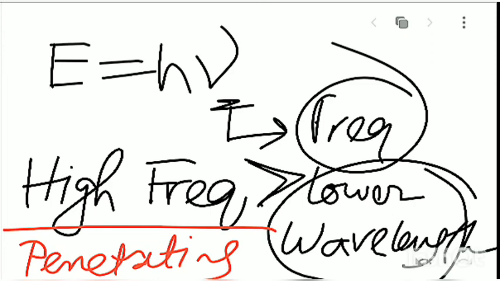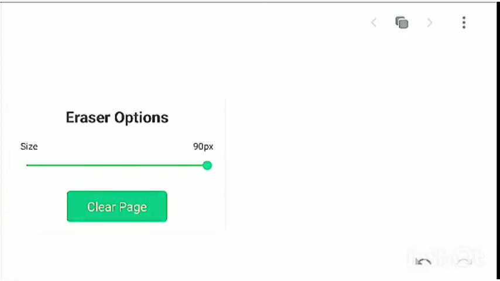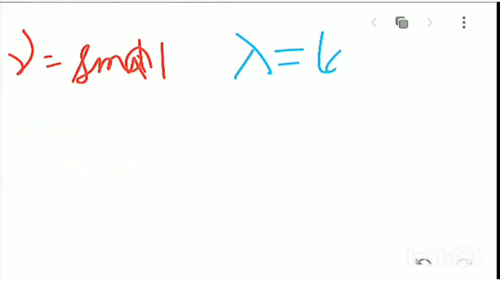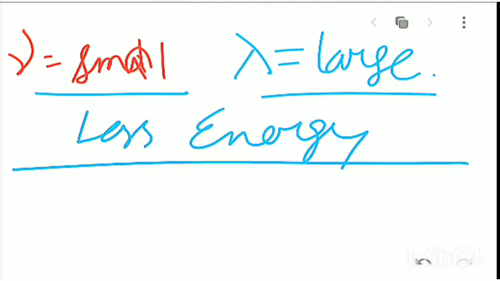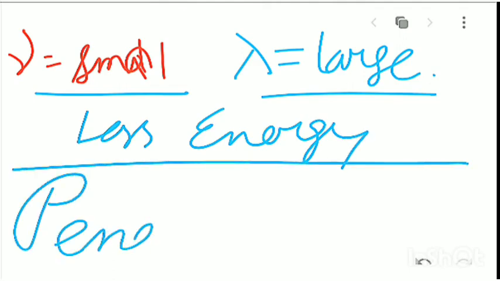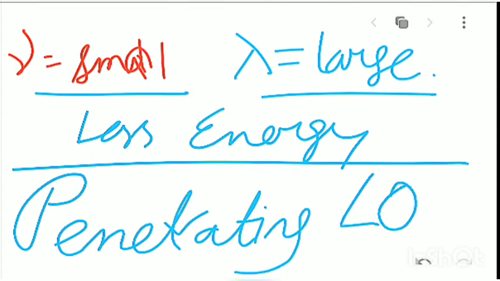Clear? And similarly, vice versa, if the frequency is small and the wavelength, that is lambda, is large, small frequency and large wavelength means less energy, and hence the penetrating power will be low.